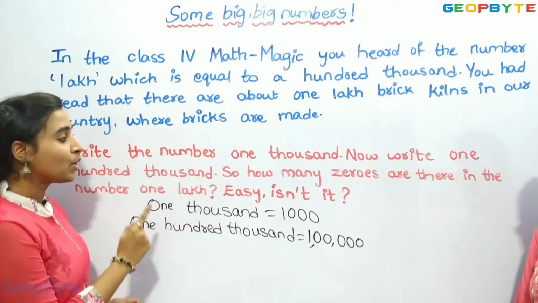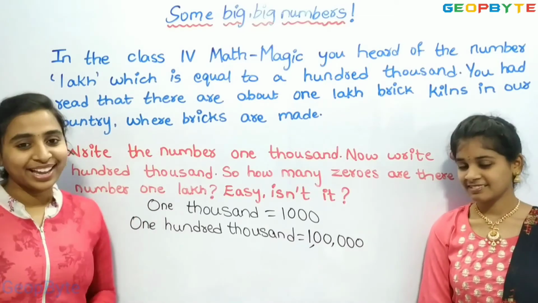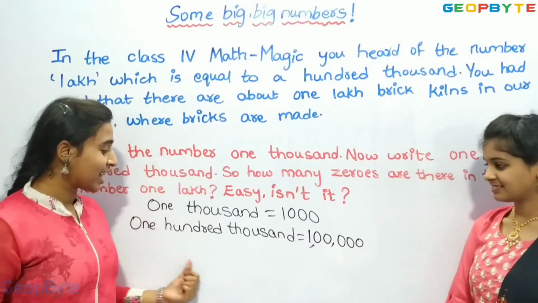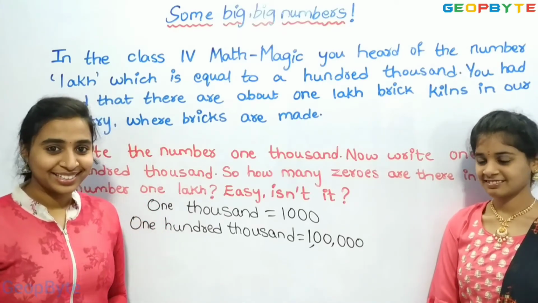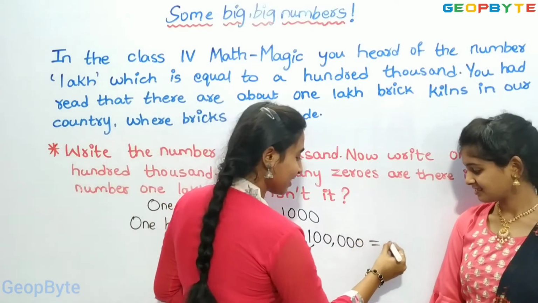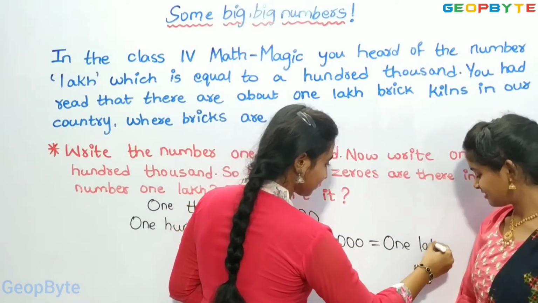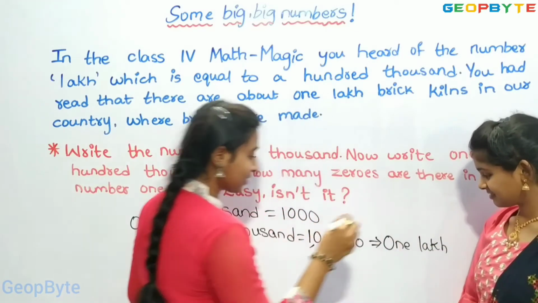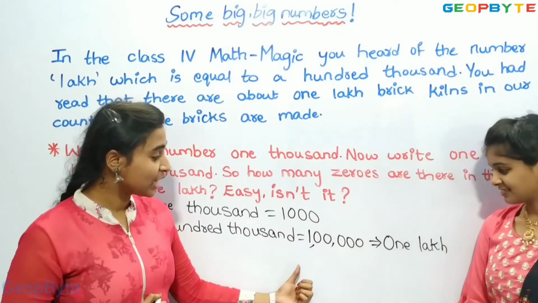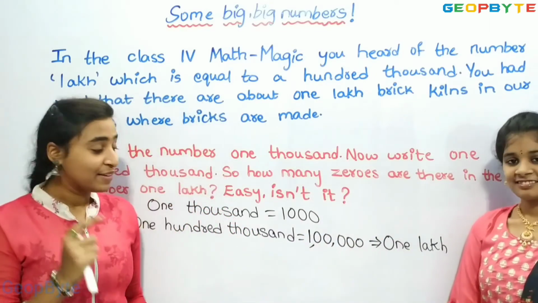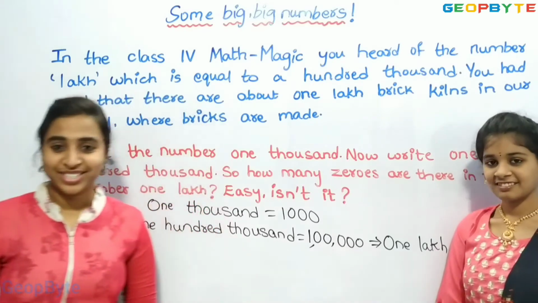And so how many zeros are there in the number 1 lakh? Children, 100,000 is nothing but 1 lakh. So 100,000 is equal to 1 lakh which has 1, 2, 3, 4, 5 zeros.